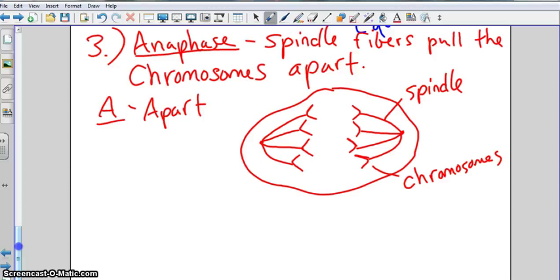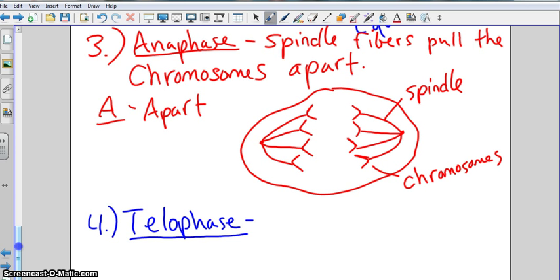So we have prophase, metaphase, anaphase, and the last one was telophase, or telophase. You can say it either way. And in telophase, the nucleus is going to come back.